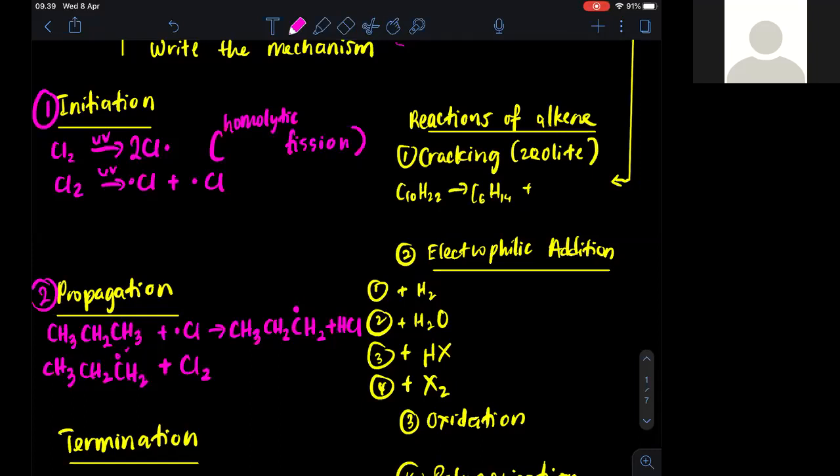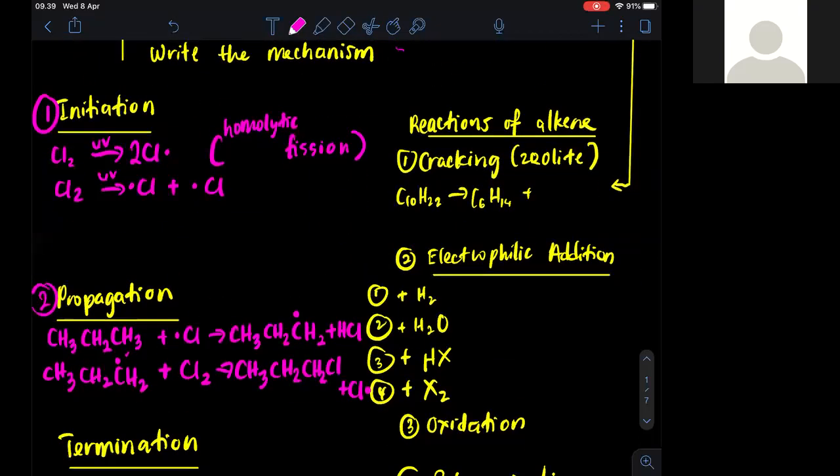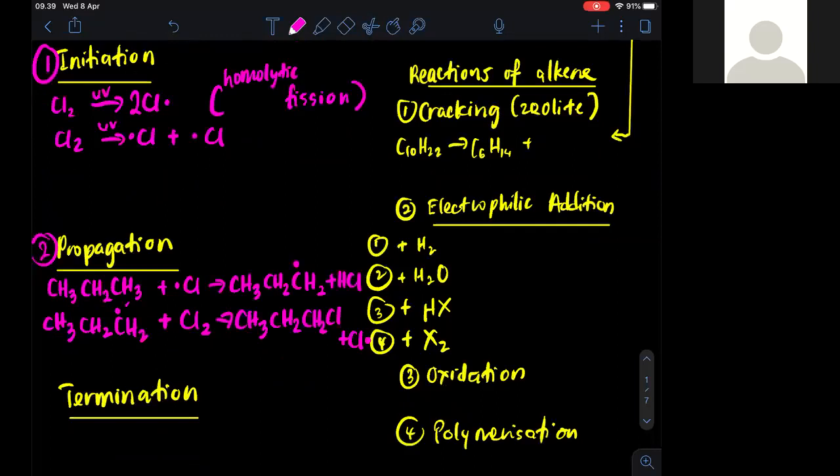So it's a free radical with a neutral molecule. It gives you CH3, CH2, CH2, Cl, and you get a Cl free radical. This reaction is enough already because it's for 1-chloropropane. So this is the reaction for propagation. What is important here is that you get more free radicals.